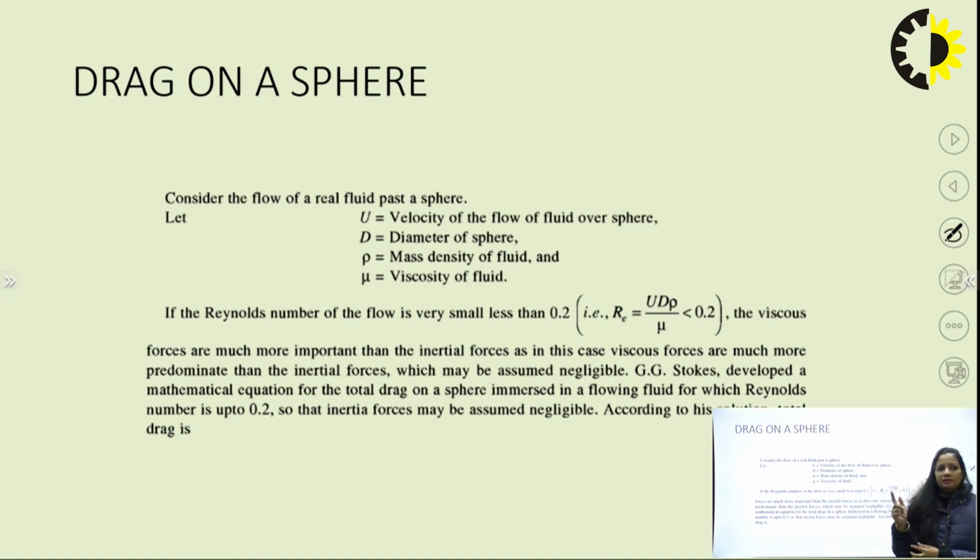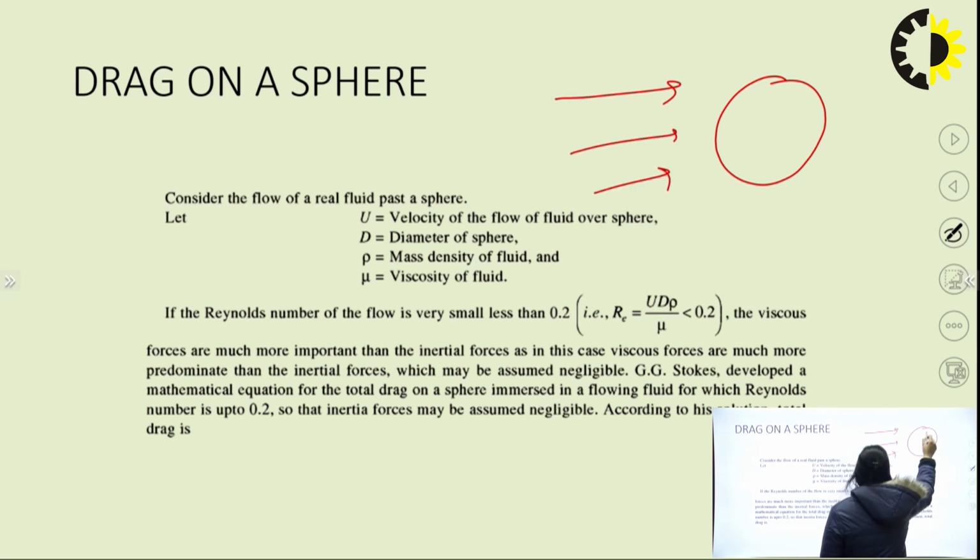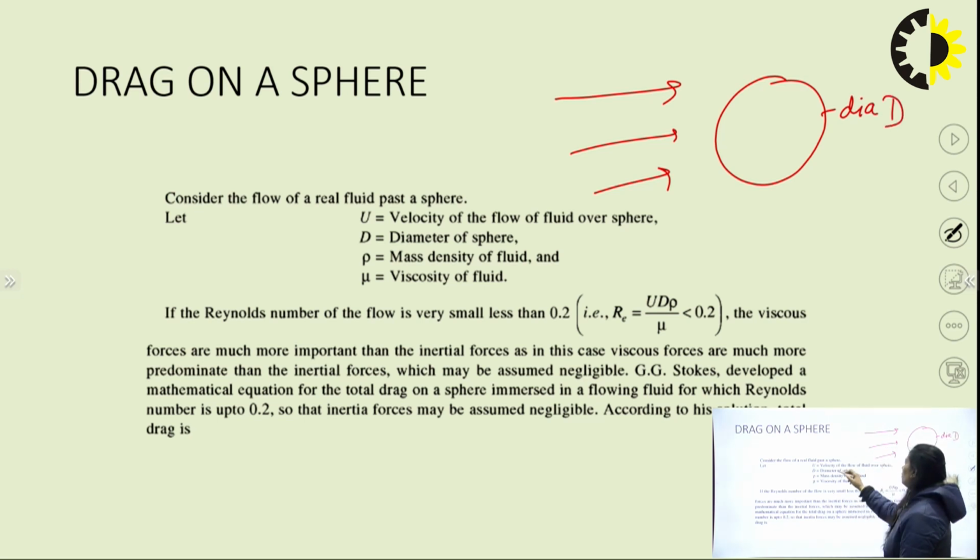Consider the flow of a real fluid past a sphere of diameter d. Let the velocity of the fluid flowing over the sphere be capital U, the mass density of the fluid be rho, and the viscosity of the fluid be mu.